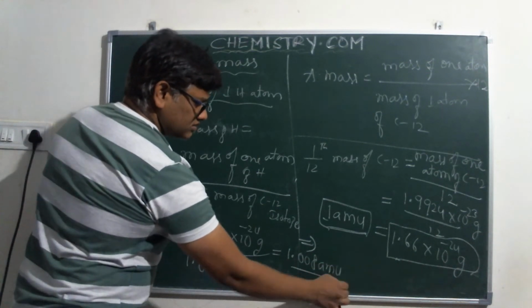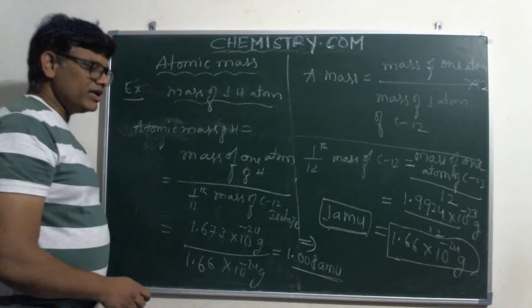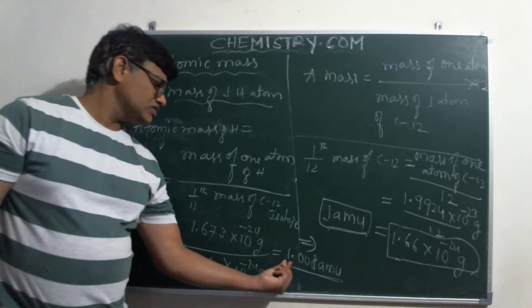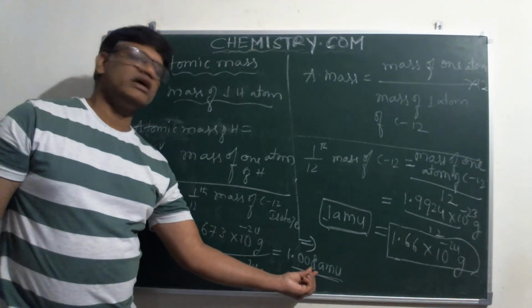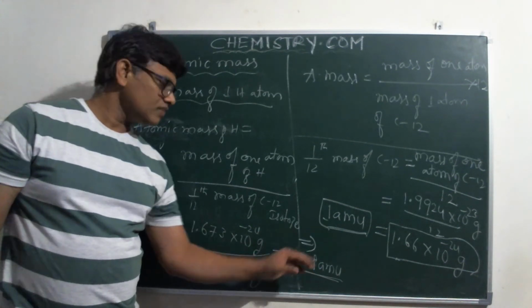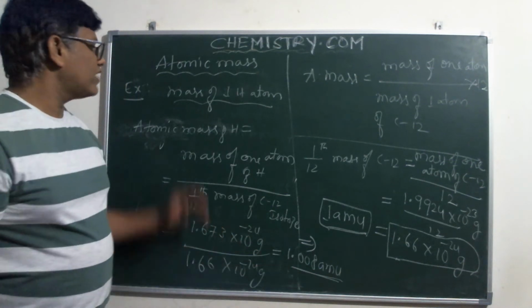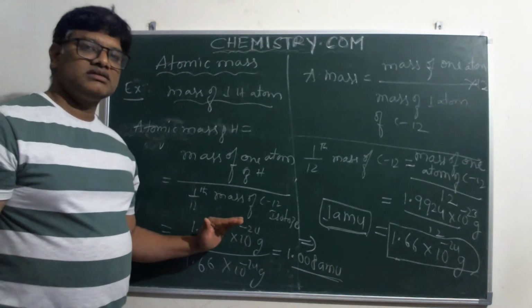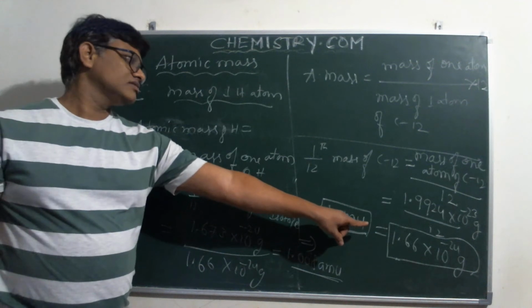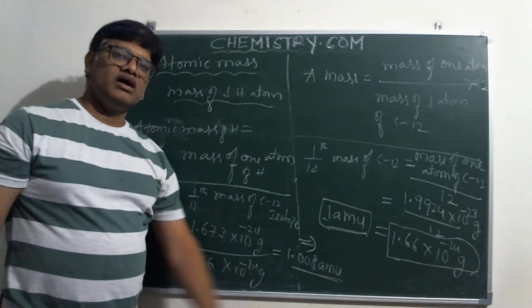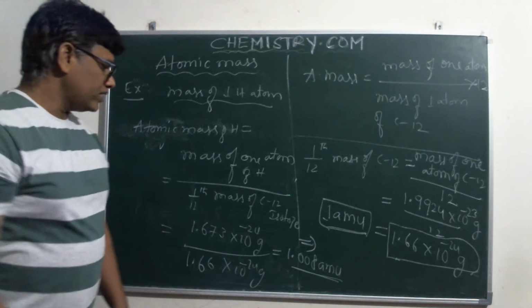Generally when taking the atomic mass of hydrogen, we take 1 and ignore the 8, dear students. So this is the atomic mass of hydrogen, taking the 1/12 mass of carbon 12 isotope as reference.